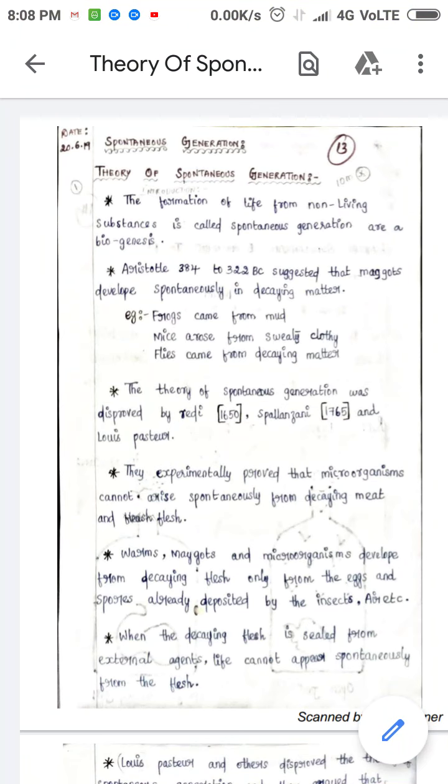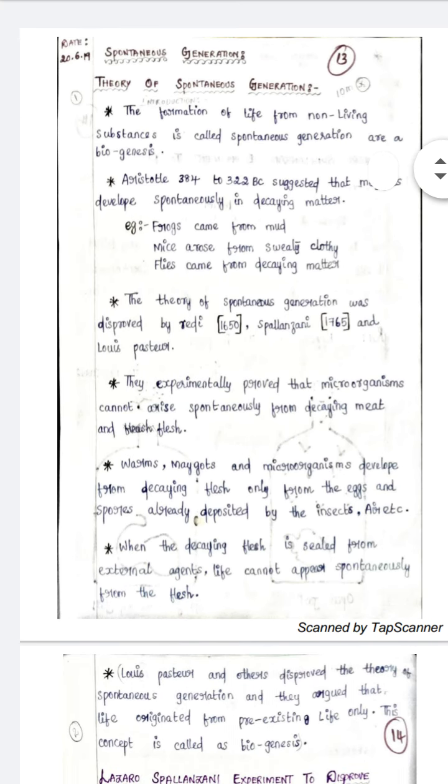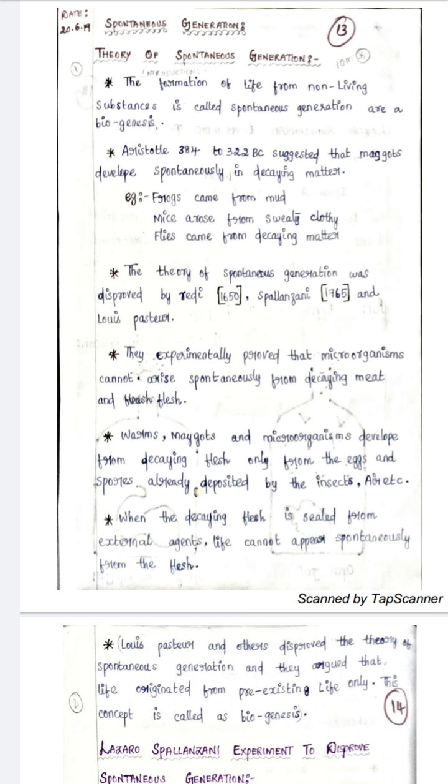Formation of life from non-living substances is called spontaneous generation, and it is also called biogenesis. What they thought was that the microorganisms or the maggots develop spontaneously in decaying matter.